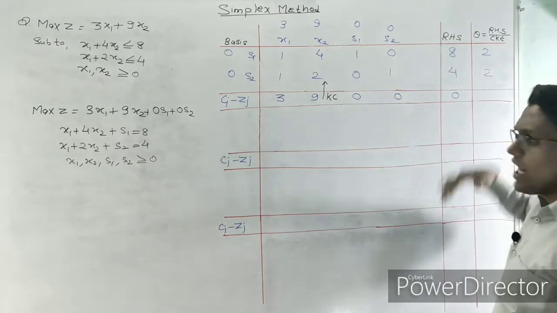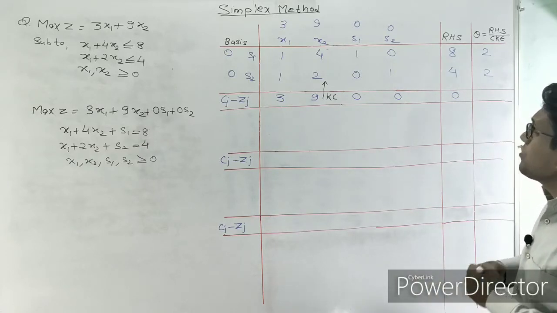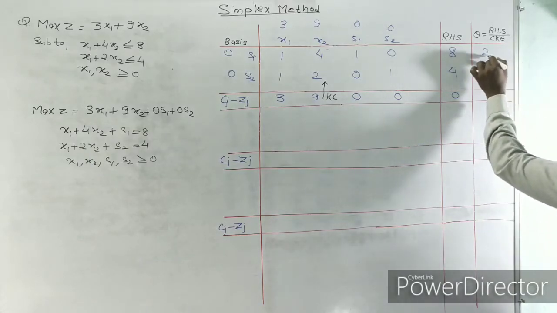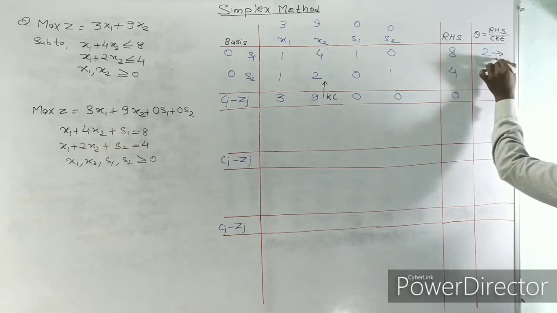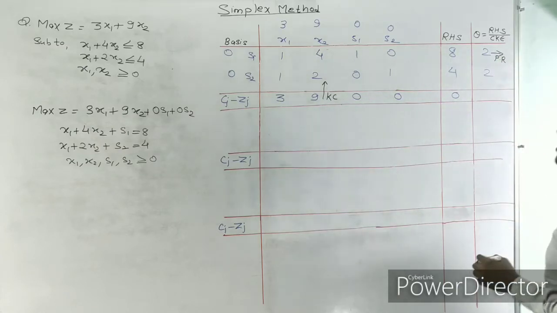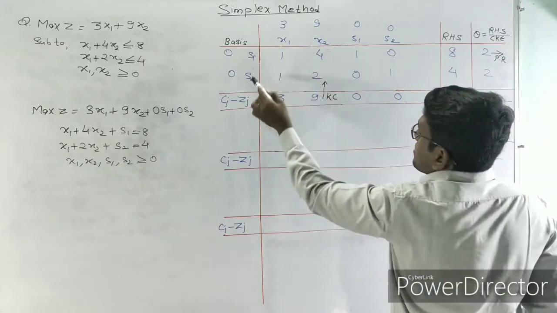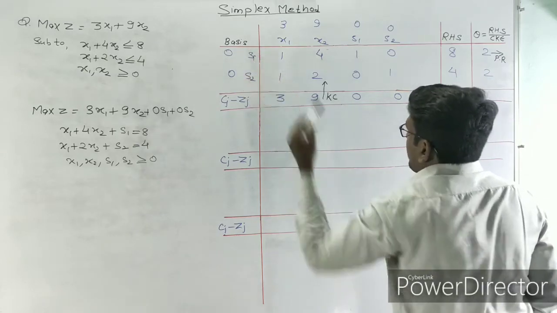So let us arbitrarily select any of the two variables. Right now I am selecting this variable, and this row will become the pivot row. That means variable x2 will enter the basis and it will replace variable s1.